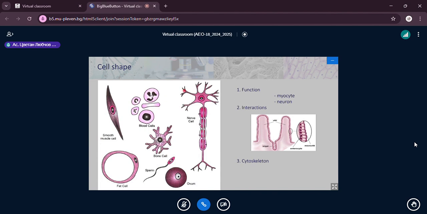Neurons, guys, are another typical example for the cell shape. You know that neurons are normally multipolar. They have several protrusions, the most pronounced being the axon, this very long one, and then we have here the dendrites. If your neuron looked like this, for example an oval shape, first of all, you would lose the ability of the neuron to transmit the neuronal impulse over very long distances. This is the first thing you're going to lose.